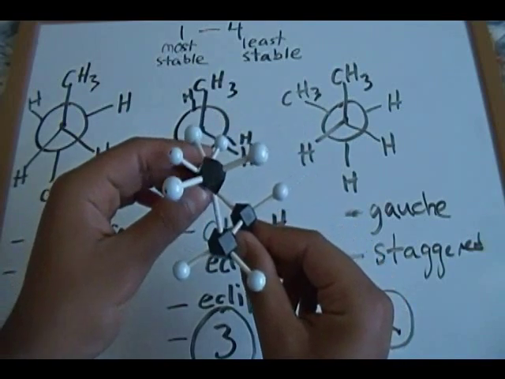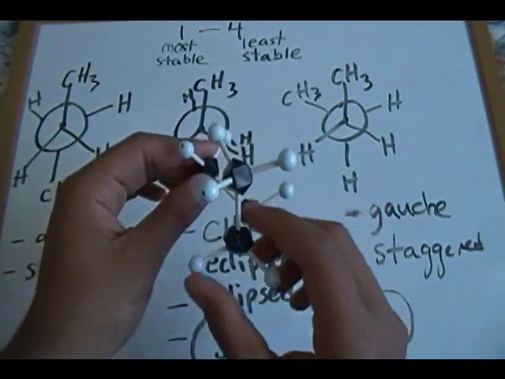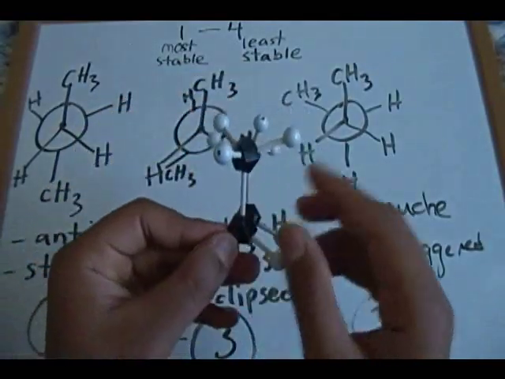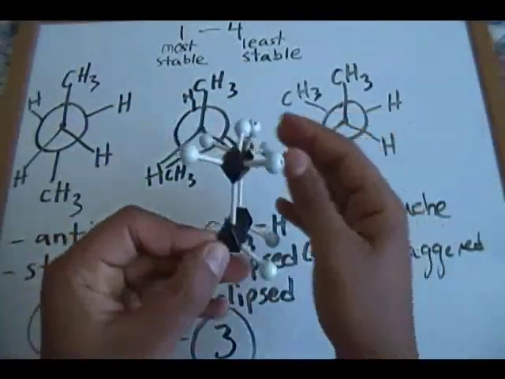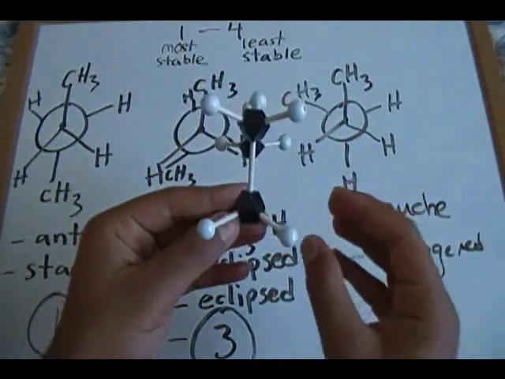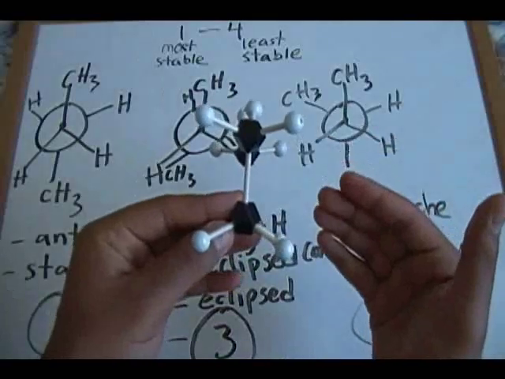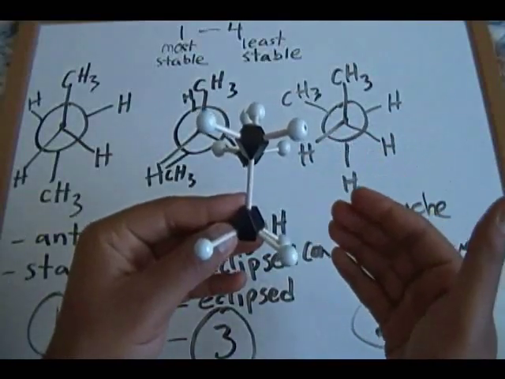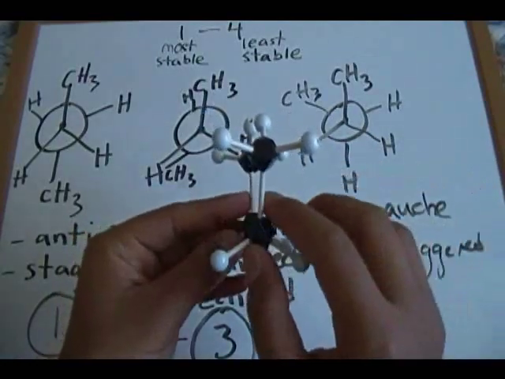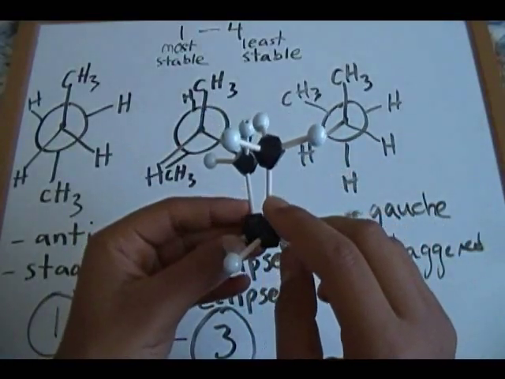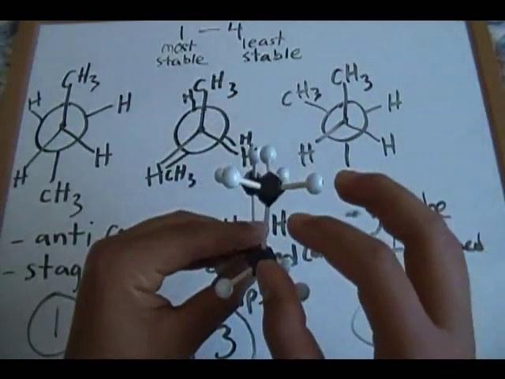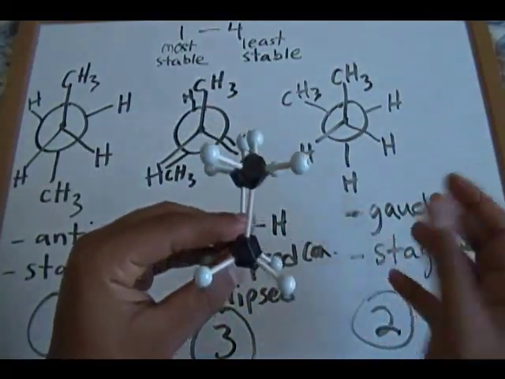Now if we rotate this another 60 degrees as such, what we have presented is something that's fully eclipsed. Both methyl groups now are completely interacting with each other. What we have present here is both torsional and steric strain. Again, if you remember from the previous part, torsional strain is when you have the electrons in each bond right on top of each other interacting, and you're forcing them to be in a position that they're very uncomfortable being in.